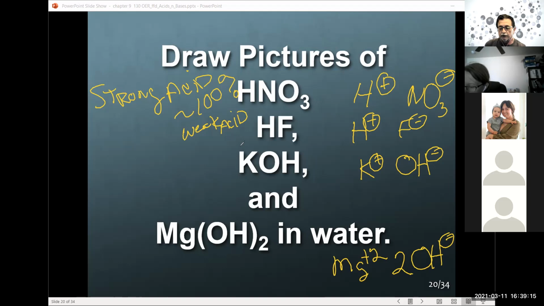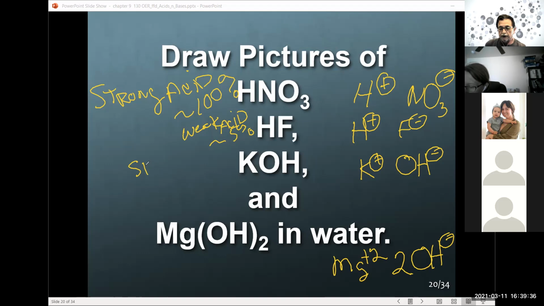So it's a strong acid for HCl. Okay, so anyway, weak acid, I don't know, less than 5% dissociation. Remember we said weak acids 1 to 5.